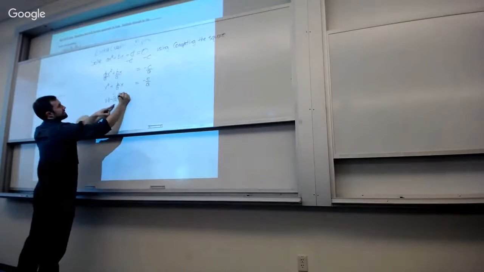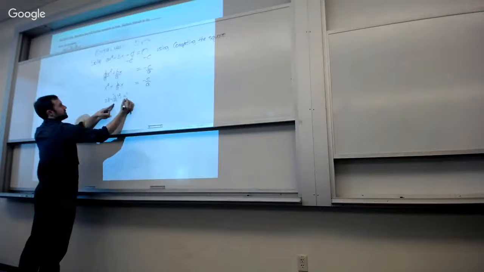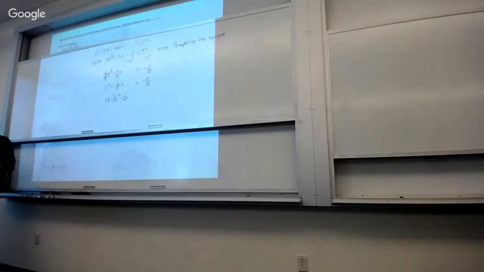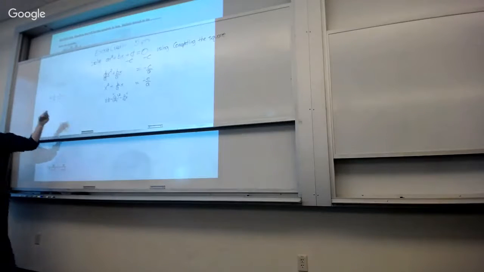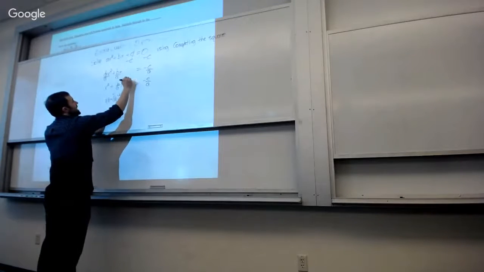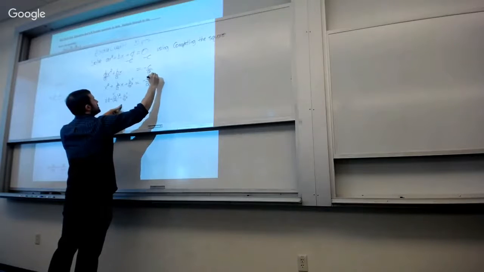And that gives us b squared over 2 times 2 is 4, a times a is a squared. So we took the middle term, divided it by 2, and we squared it. And so what are we going to add to both sides? b squared over 4a squared. So I'm going to add b squared over 4a squared to both sides.